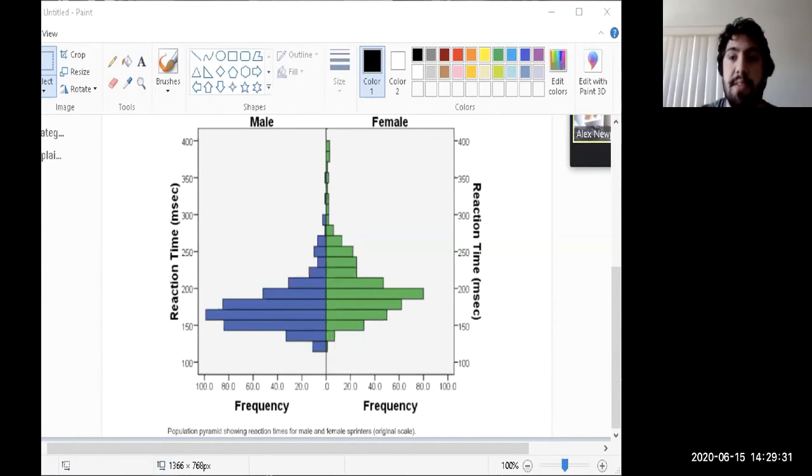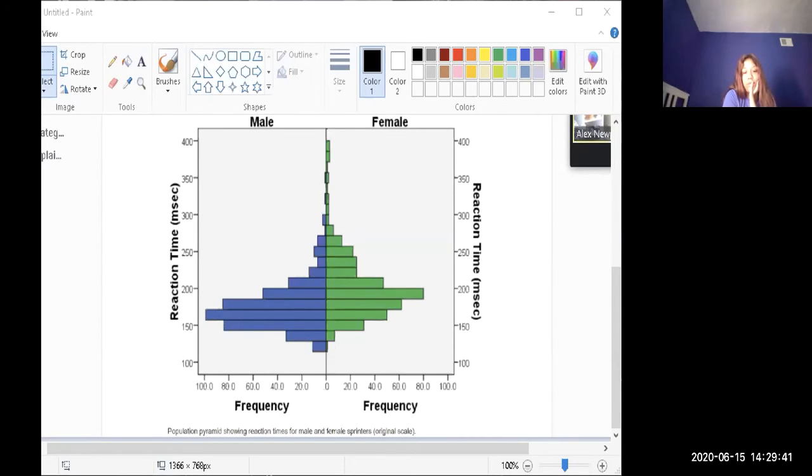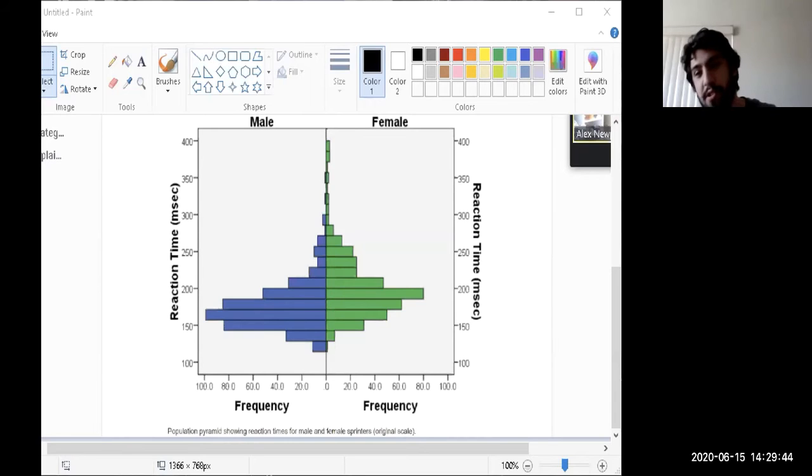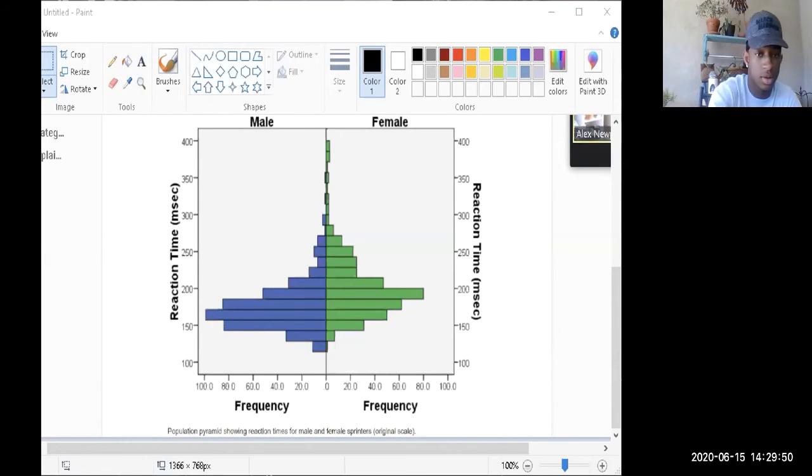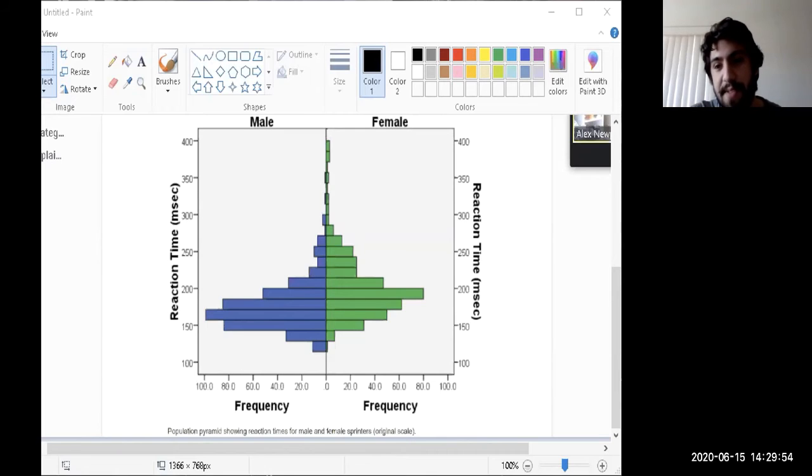Yeah, the reaction time in milliseconds. Okay. What about another variable? Frequency. Yeah, there's two more. It's kind of confusing because we set them as an observational unit as well. Oh, male and female? Yeah, there you go. Good.